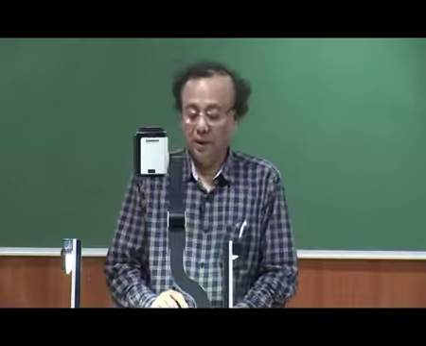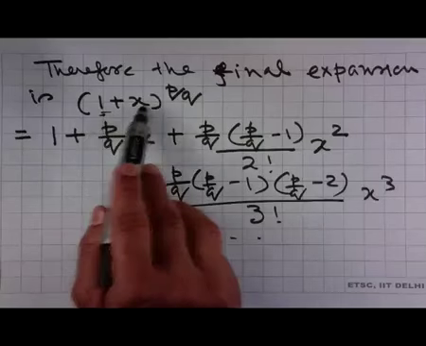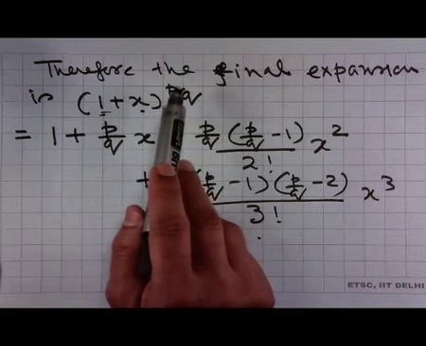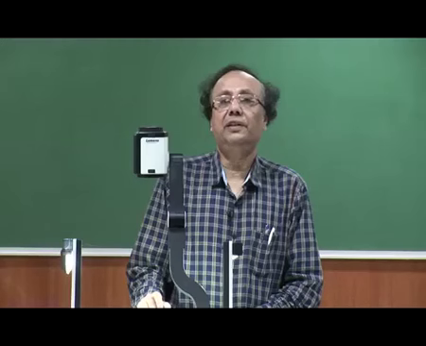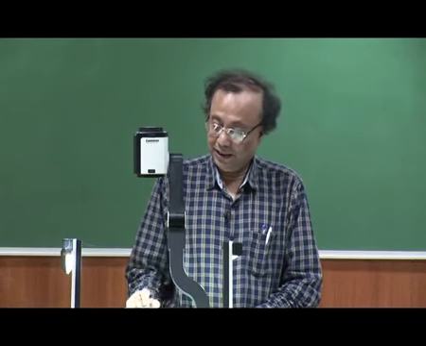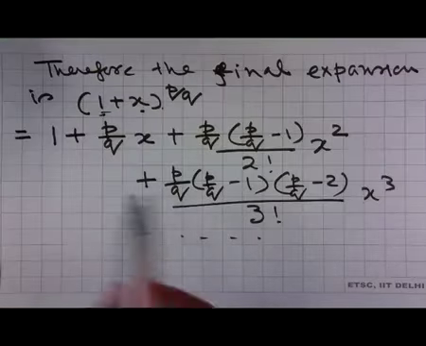Therefore, irrespective of when we have a binomial expansion of the form 1 plus x whole to the power some index, irrespective of whether it is positive integral, negative integral or a rational, we can write it in the same way.